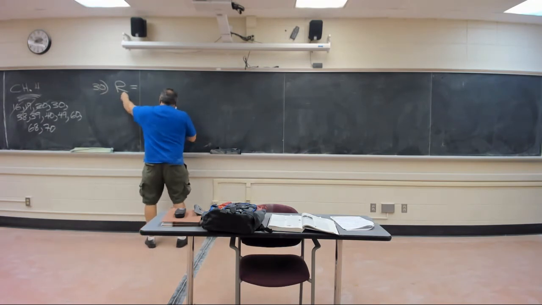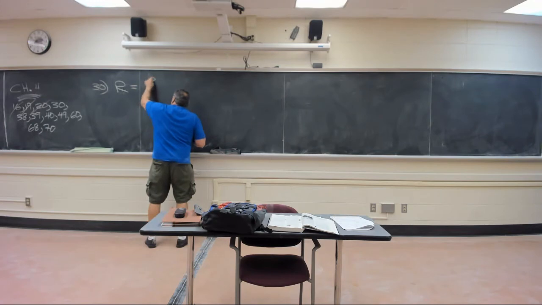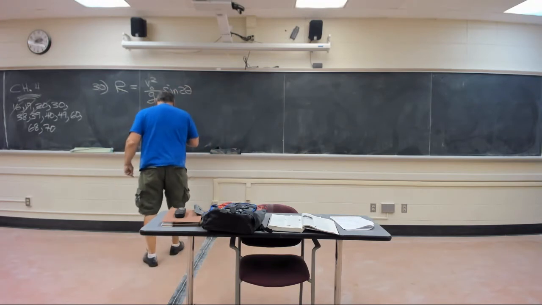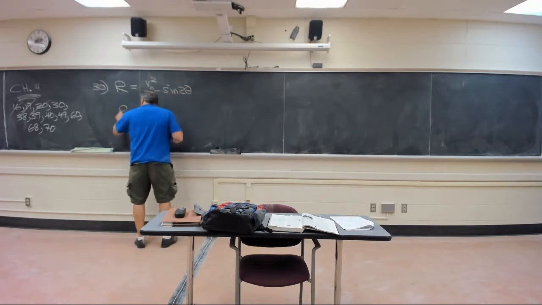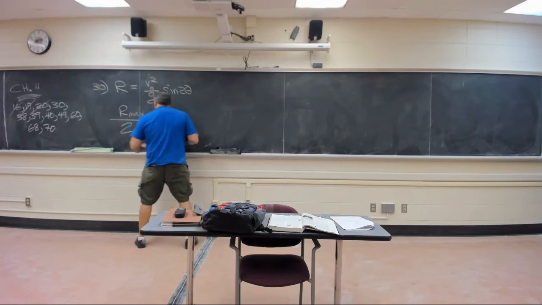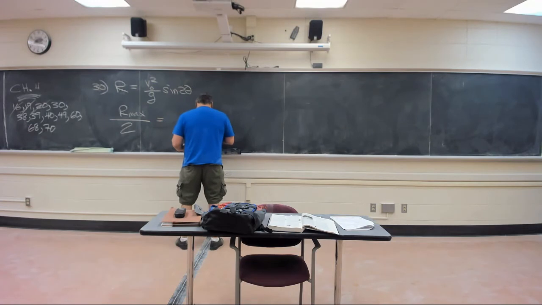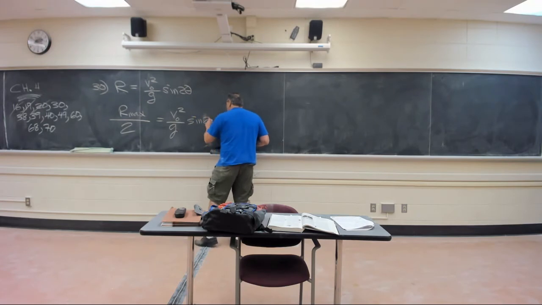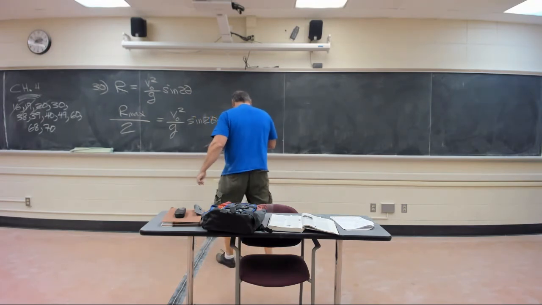They call it X. I'll call it R right now. It is V0 squared over G sine 2 theta, depending what theta you're talking about. R max divided by 2 is going to be V0 squared over G sine something, sine 2 phi, sine something.